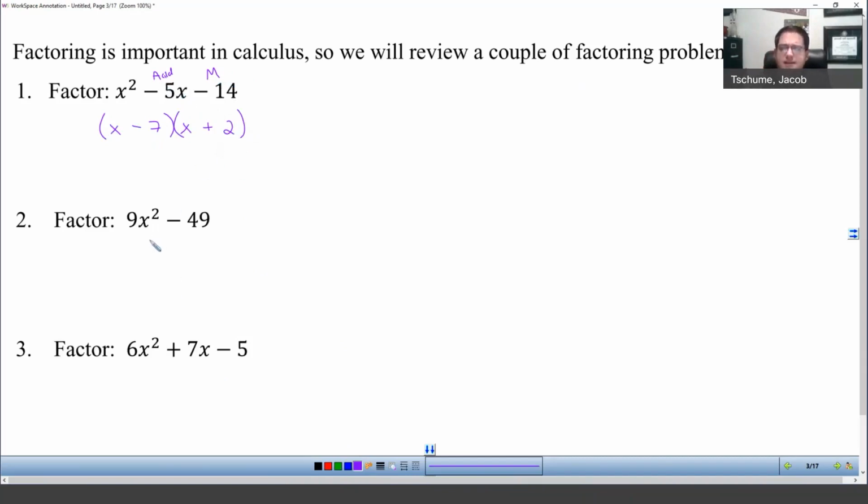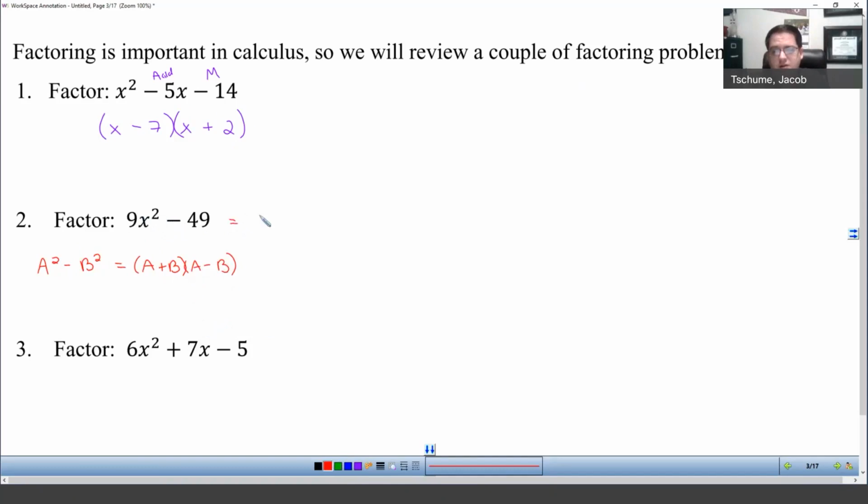Number two, factor 9x squared minus 49. This is the idea of difference of squares. If you remember from algebra, if you had a function in the form a squared minus b squared, you could factor that into a plus b times a minus b. In this case, you notice that both of these terms are actually squared terms.